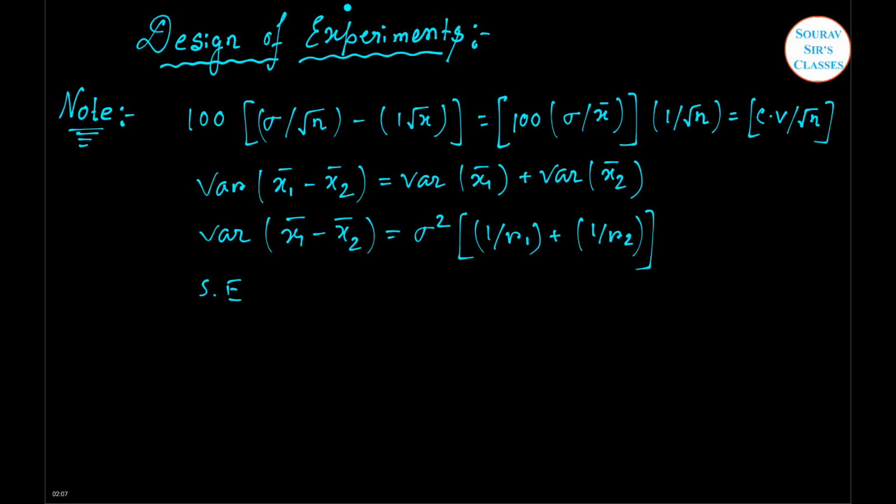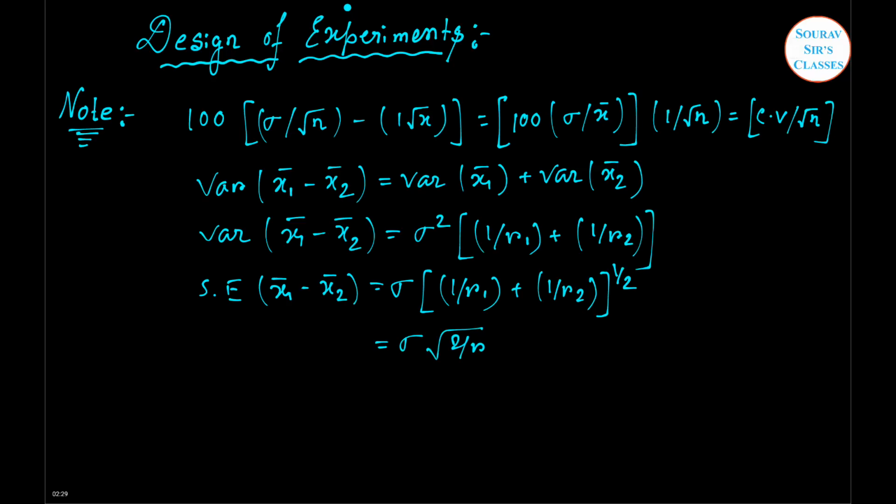So SE of x1 bar minus x2 bar equals sigma into 1 by R1 plus 1 by R2 whole to the power half, that equals sigma root over 2 by R, if R1 equals R2 equals R, say.